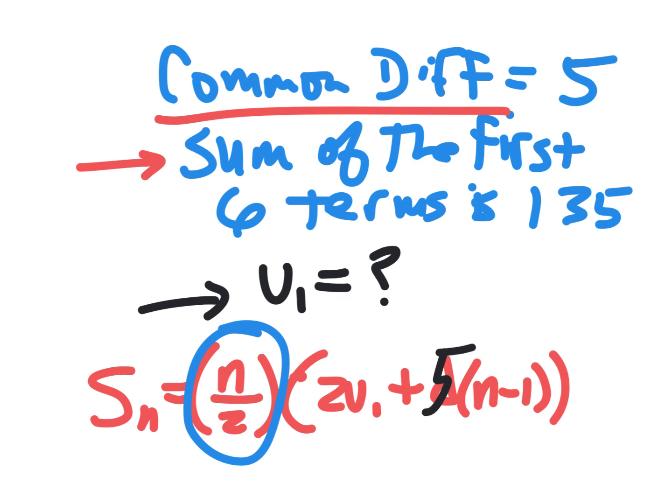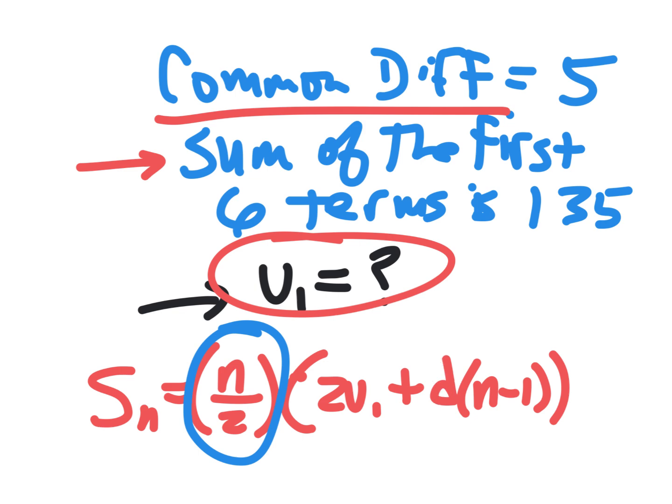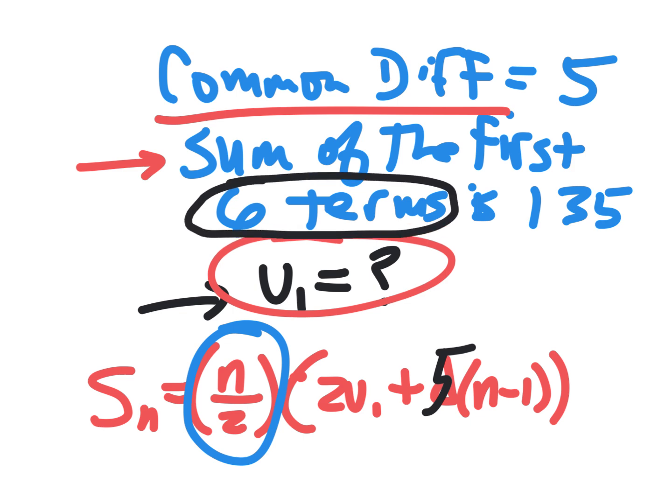U_1. He didn't tell me U_1. That's the whole point. I got to figure out U_1. So I'm not going to know what it is, so I can't put it in. Then there's only one thing left, n. Of the information they gave me, it's the 6 terms that's the n.